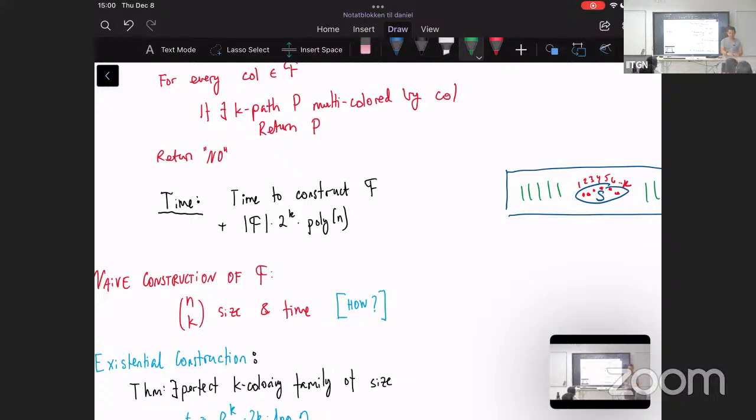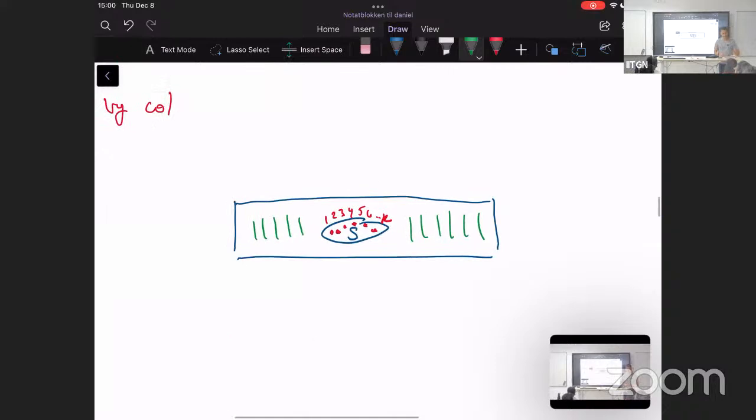But of course, if you look at this picture, you will realize that we colored all of the other elements 1, and that is a terrible idea if you're trying to multicolor as many sets as possible. If I were a little bit less stupid, I would just color 1, 2, 3, up to k, 1, 2, 3, up to k, etc., and make sure that the set I care about gets multicolored, and for everything else, I smooth things out.